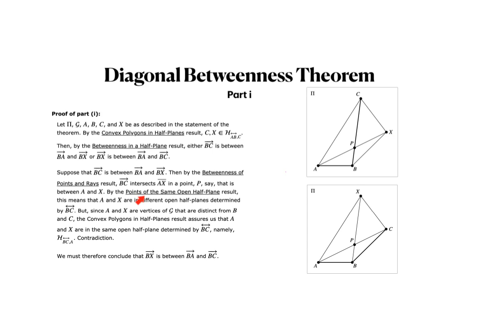By the points of the same open half plane result, this means that A and X are in different open half planes determined by BC. Here's my line BC. A and X are in different half planes.